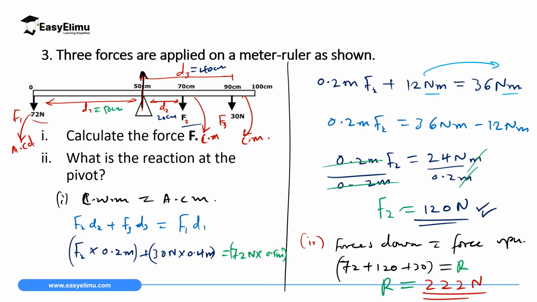So the reaction is the sum of the downward forces. For parallel forces, the algebraic sum is 0. The downward force is 222 newtons, and upwards it will also be 222 newtons.